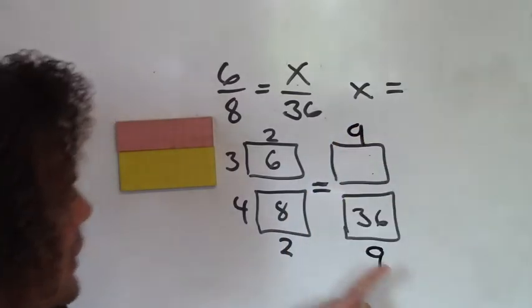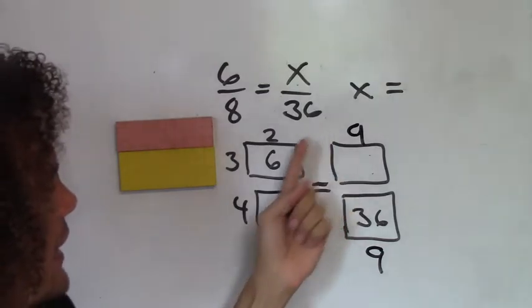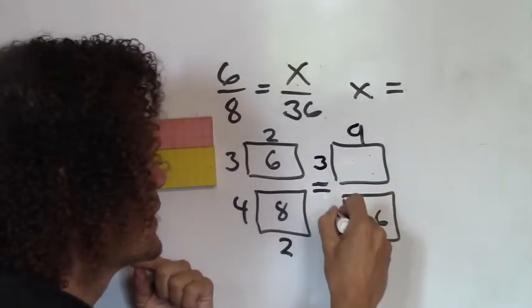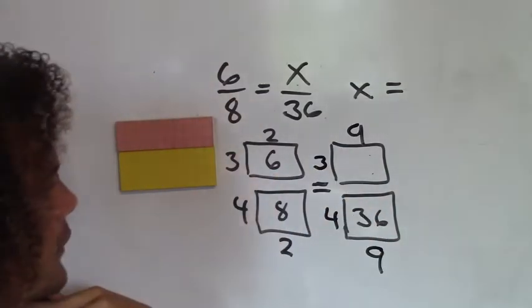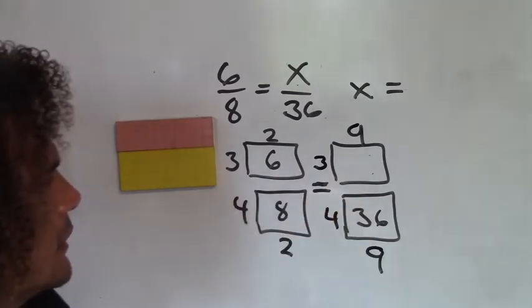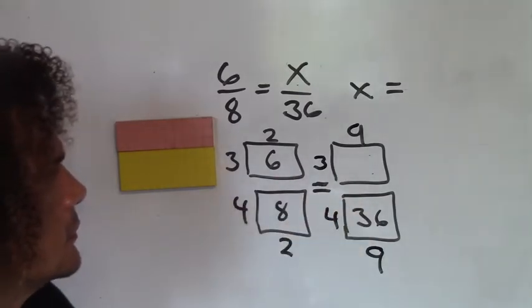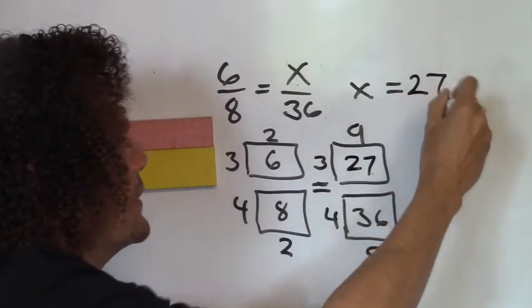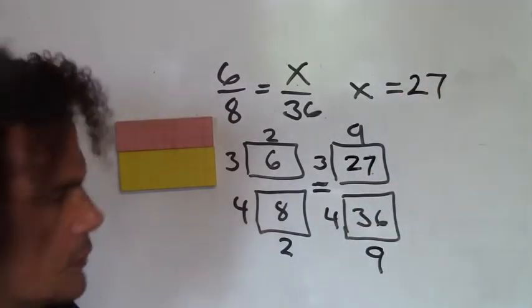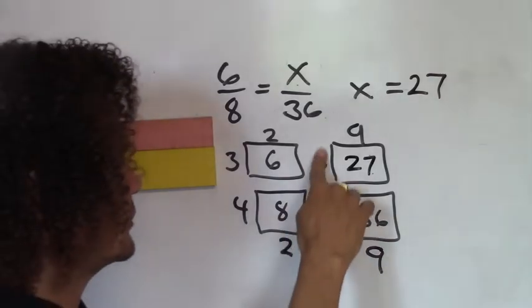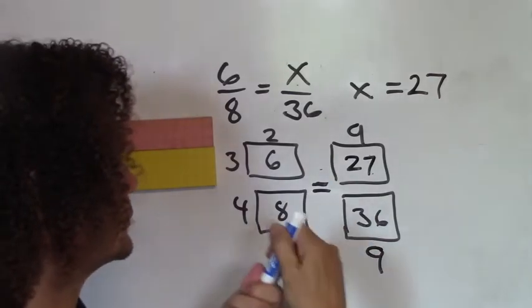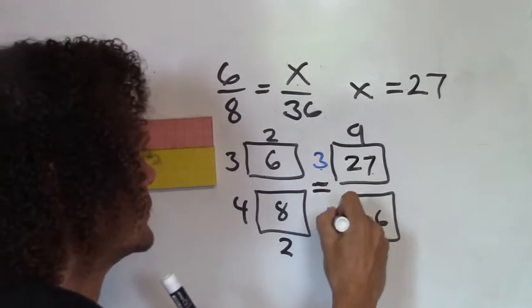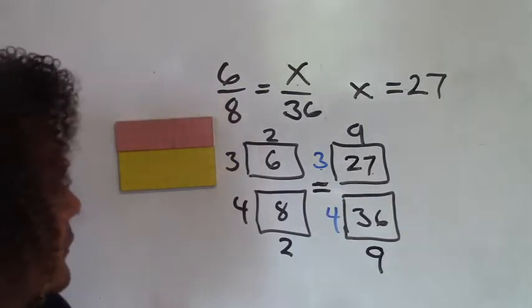So if I know that I moved it over by 9 here and it's 9 here, and I know that this has to be 3 and this has to be 4, right? What's 9 times 3? 9 times 3 is 27. Done. So x has to be 27. Make sense?